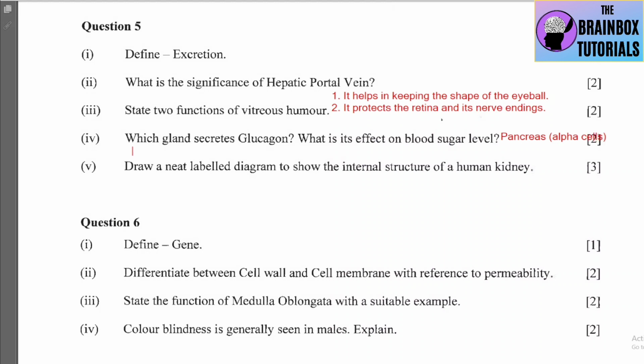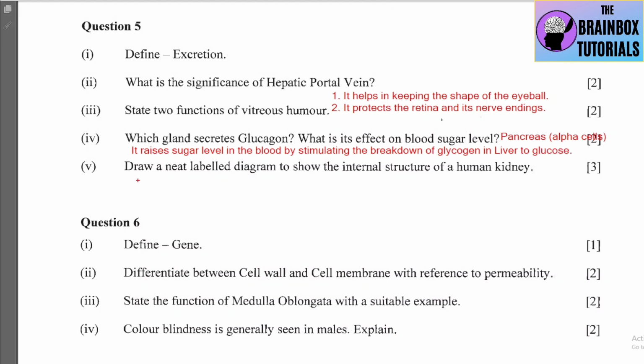Next part of this 4th number question is what is its effect on blood sugar level. So you will write that it raises sugar level in the blood by stimulating the breakdown of glycogen in liver to glucose.